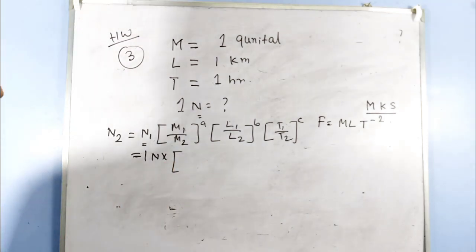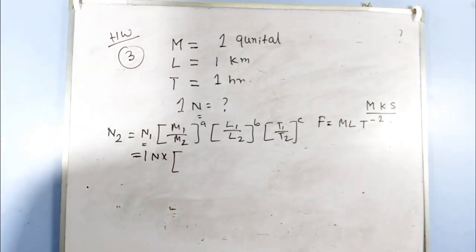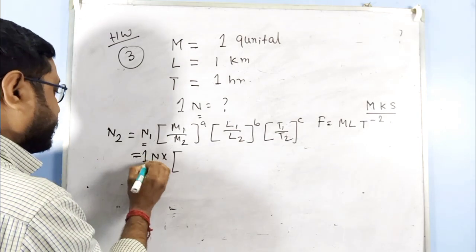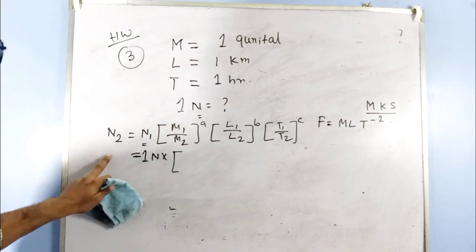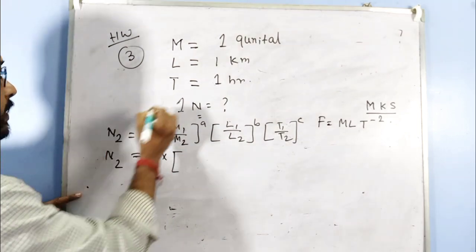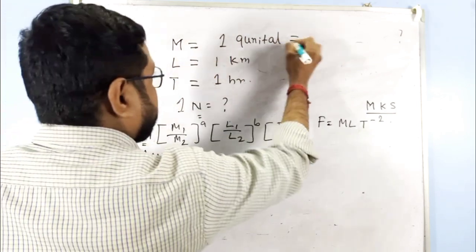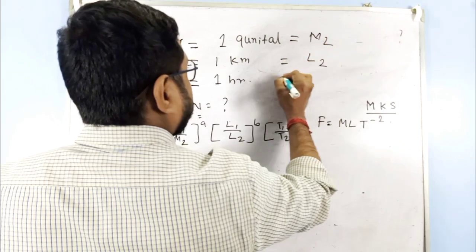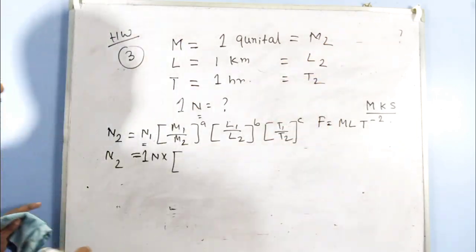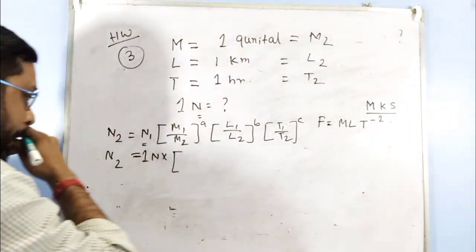As n1 is 1 Newton, we can find out the value of n2, that is the value of 1 Newton in the new unit. M2, L2 and T2 are the new system, because we have to find this quantity in a new system.